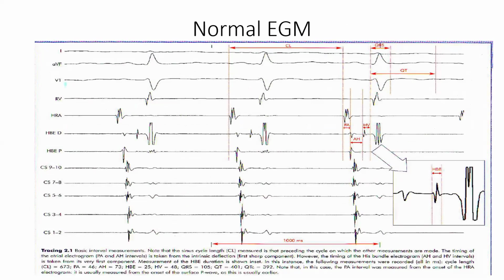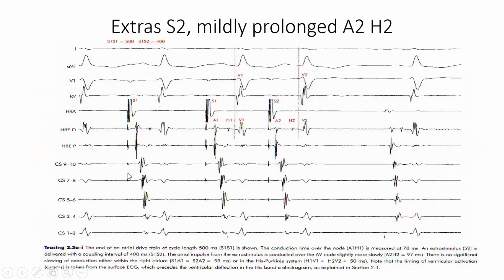Right atrium. Right atrium should come even before the A, and it should come even before 9 and 10, because 9 and 10 are still in the lower part of the right atrium, right? Yes, sir.